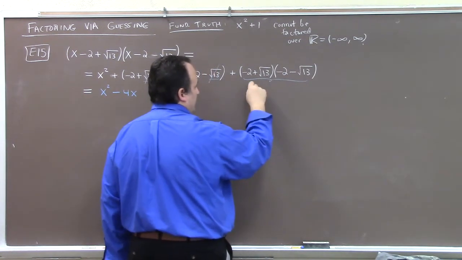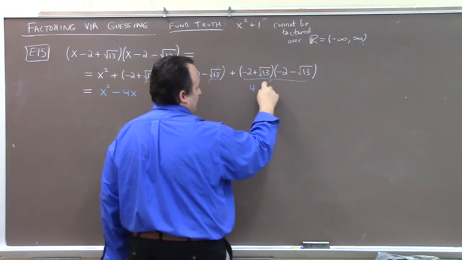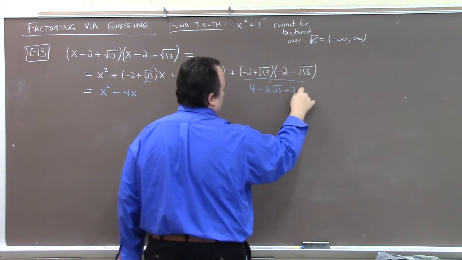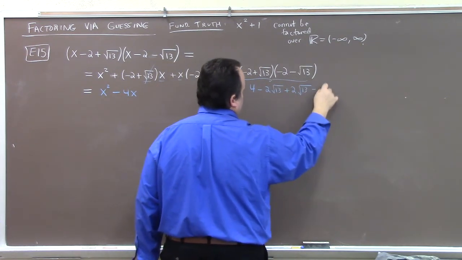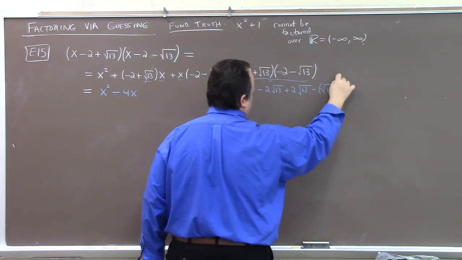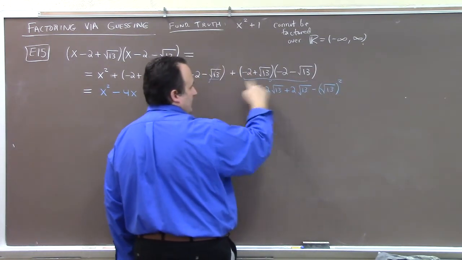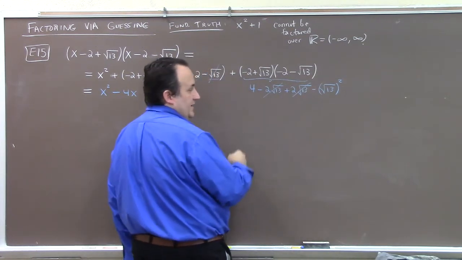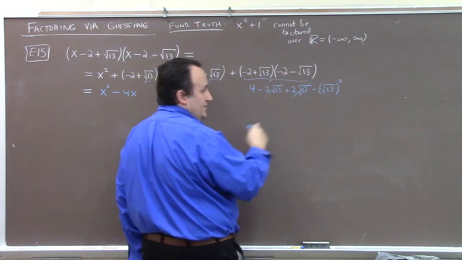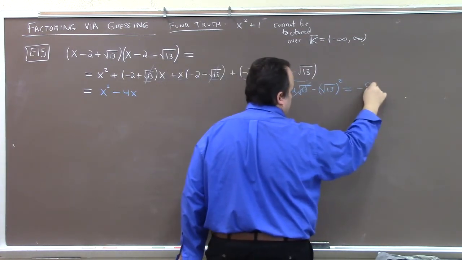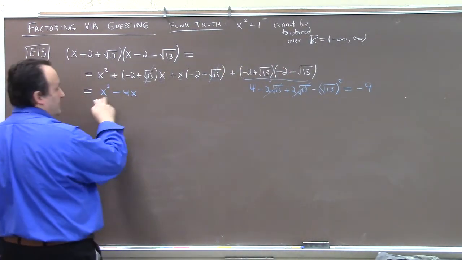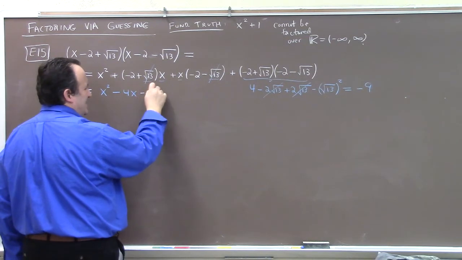This is 4 minus 2 root 13 plus 2 root 13 minus the square root of 13 squared. In other words, these cancel, and you're just left with 4 minus 13, in other words, minus 9. And so what we're looking at here is x squared minus 4x minus 9.